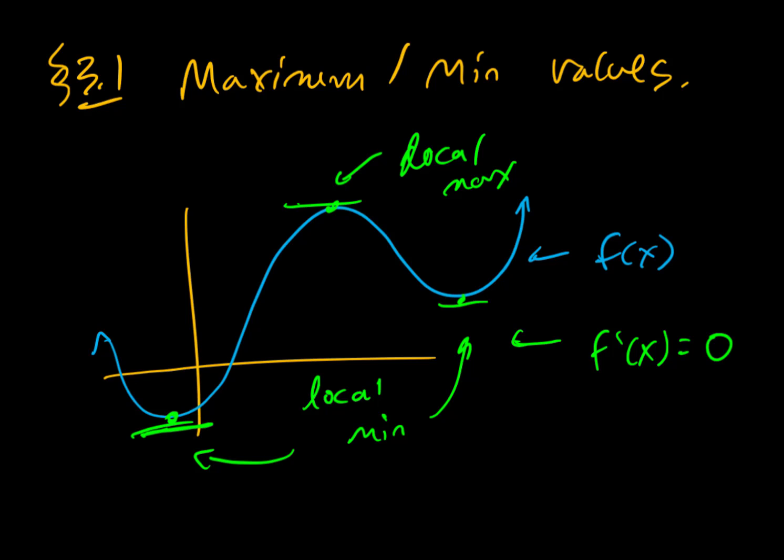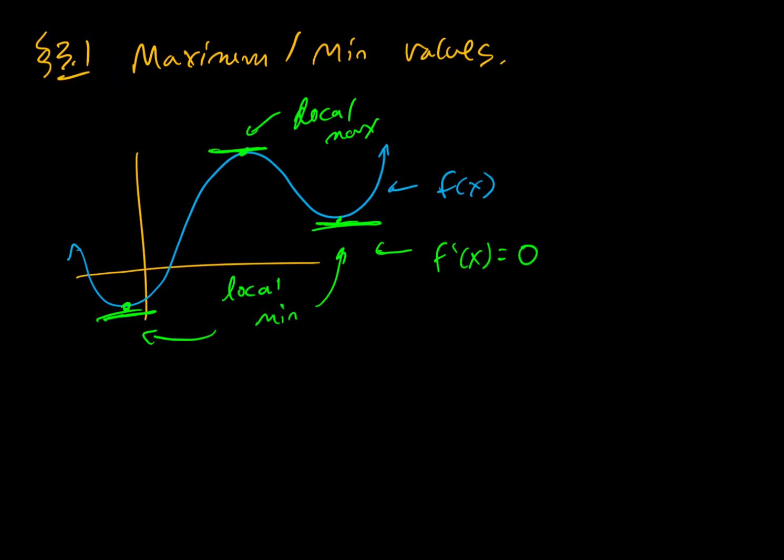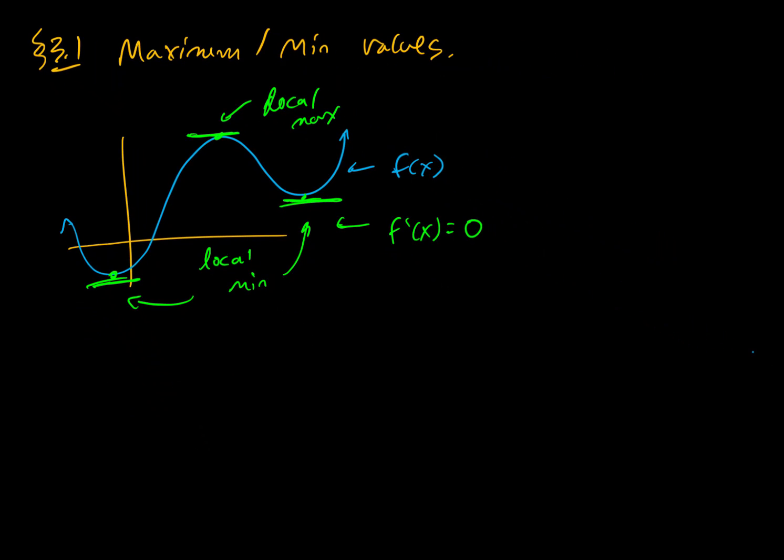So when I have a tangent line that has no slope, which means it's horizontal, I have one of these max or mins. So that's the idea. These points we call critical points. And those are the places that make the derivative equal to 0 or undefined. So if you have a denominator in your derivative, the places where that denominator equals 0 is also a critical point. So we need to consider that as well.